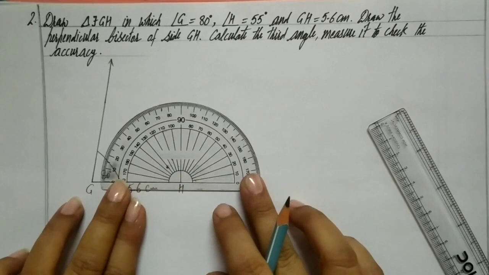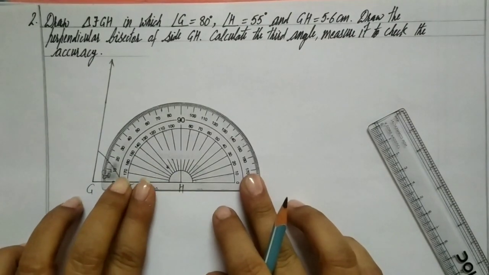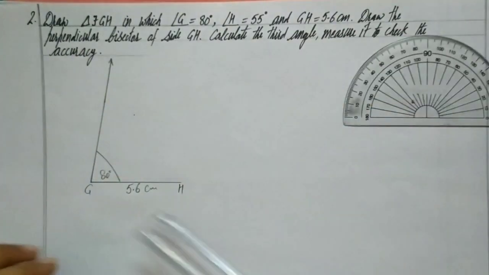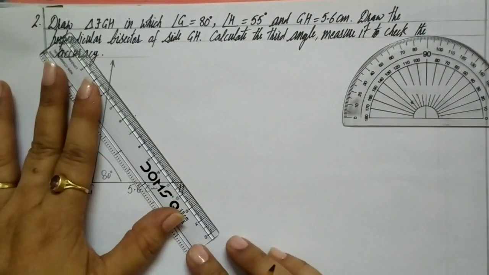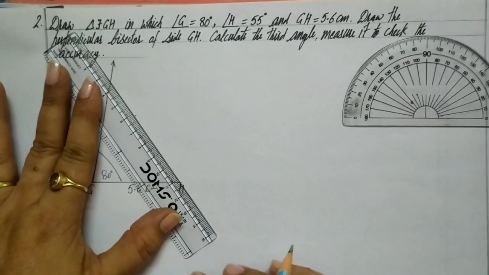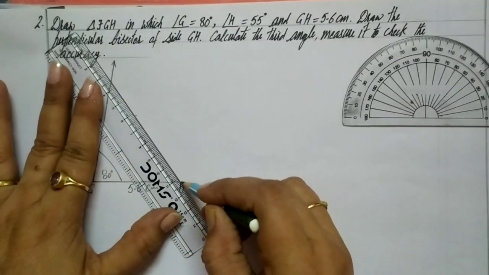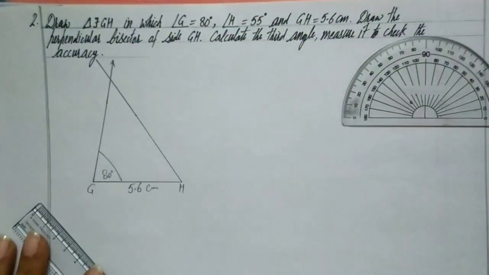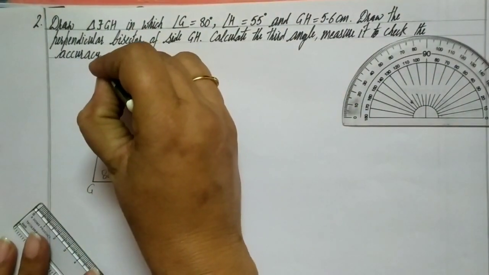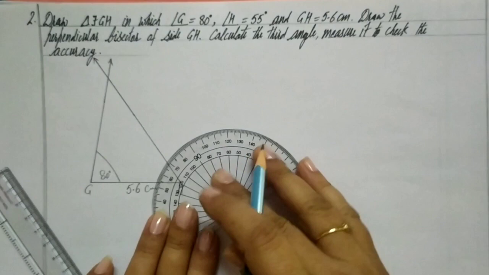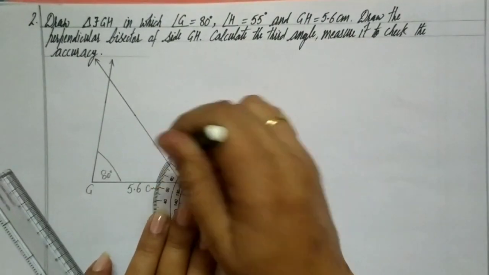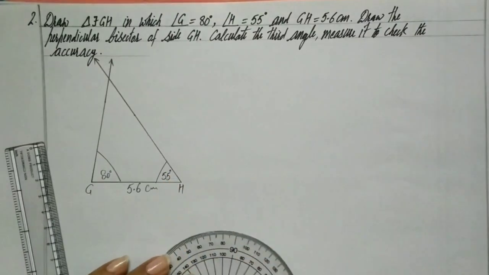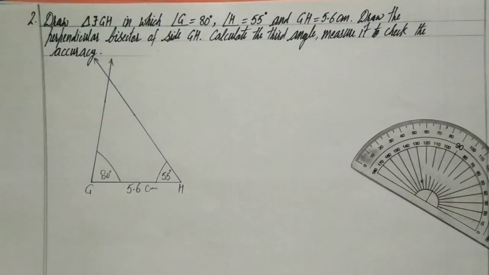So taking H as center, this is 55 degrees. Now draw another ray starting with H, passing through the dot that we have marked, intersecting the previous ray. And this angle is 55 degrees. Whatever is given in the question must be written down in the diagram.